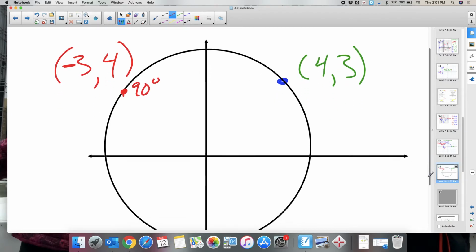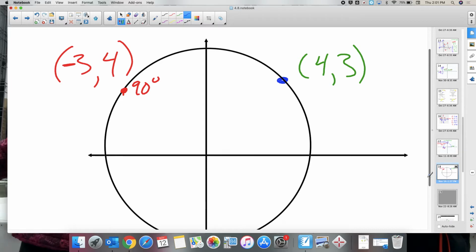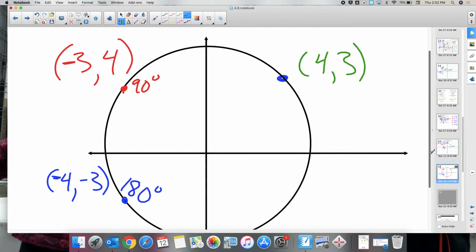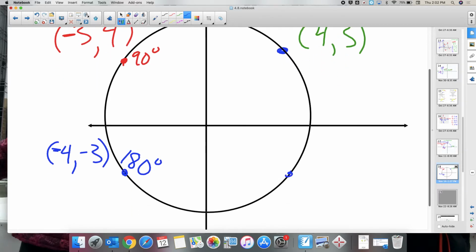If I wanted to do 180 degrees, I'm just going to apply that rule a second time. So I'm going to flip my points. And my new x changes signs. To go 270, I'm going to do it again. I'm going to flip my points.